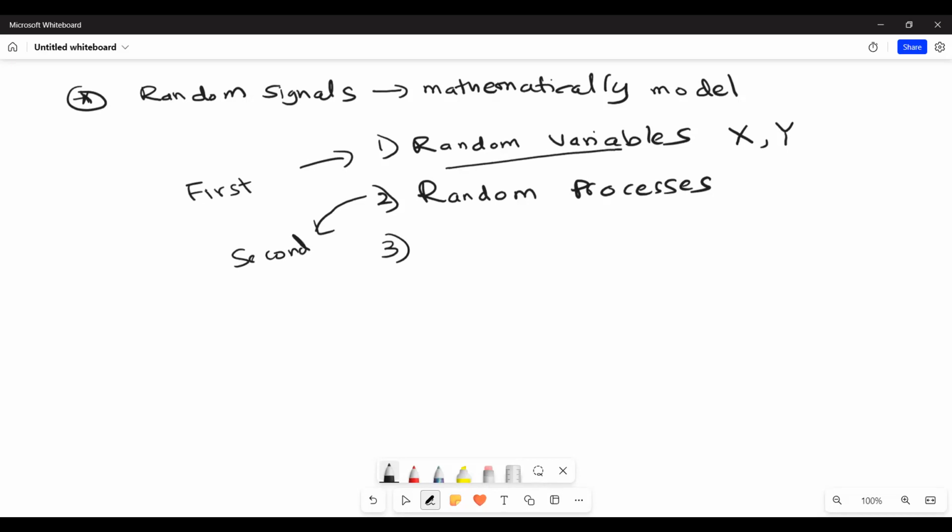So have you learned about random variables in a previous lesson or in your bachelor's or somewhere else? Have you learned about the random variables? Yes.